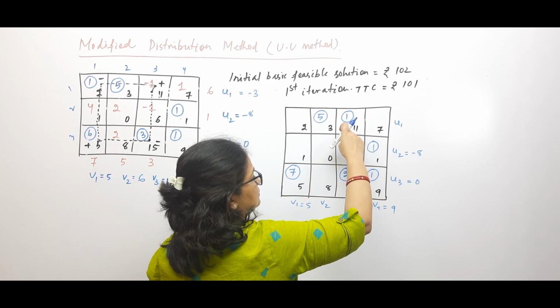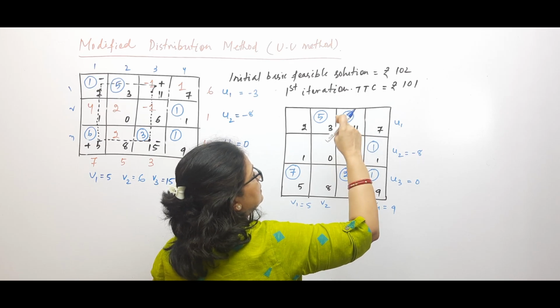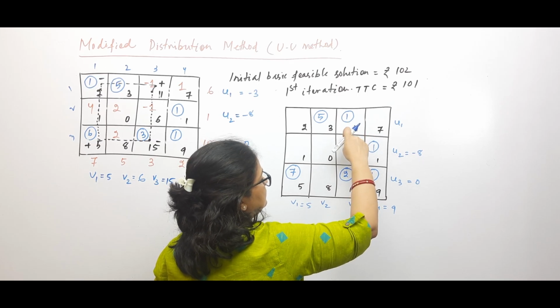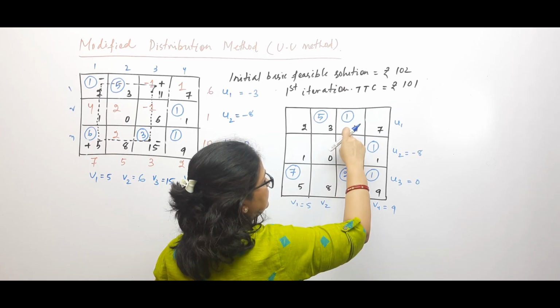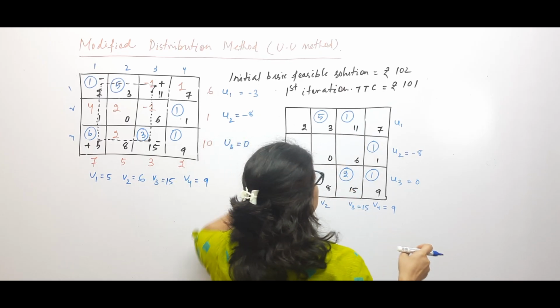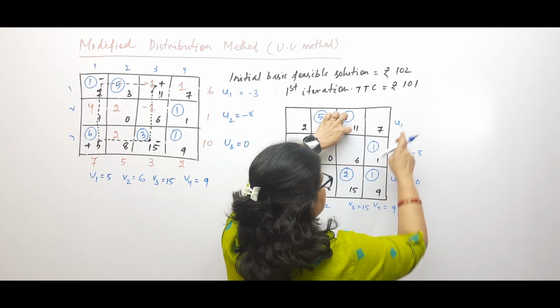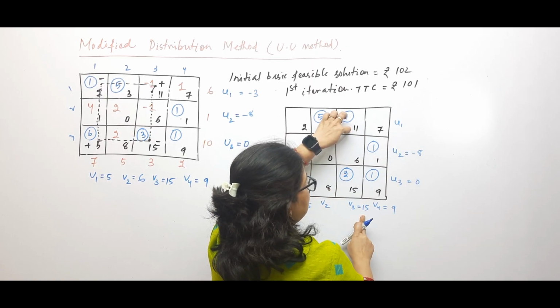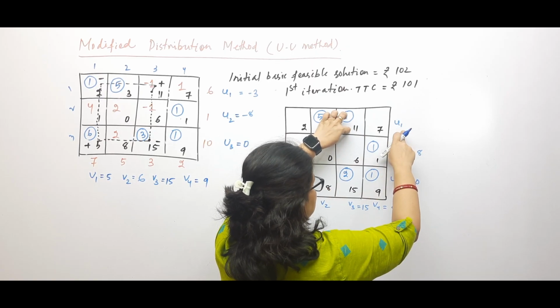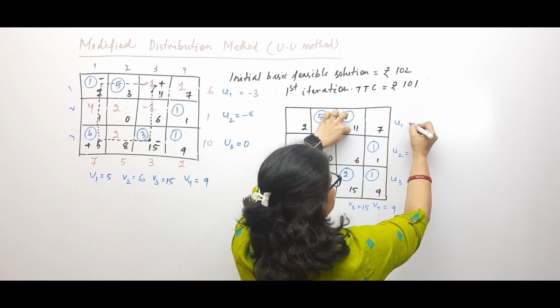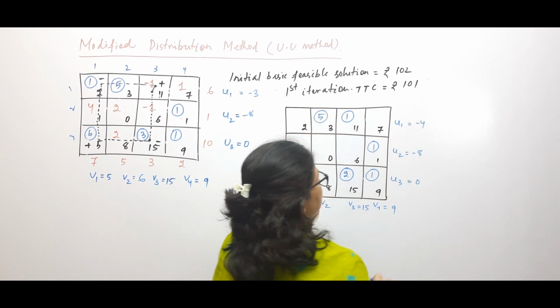Then for this we can calculate as V3. U1 we can calculate here, that is 11 equal to U1 plus 15. So U1 equal to 11 minus 15, that is minus 4.